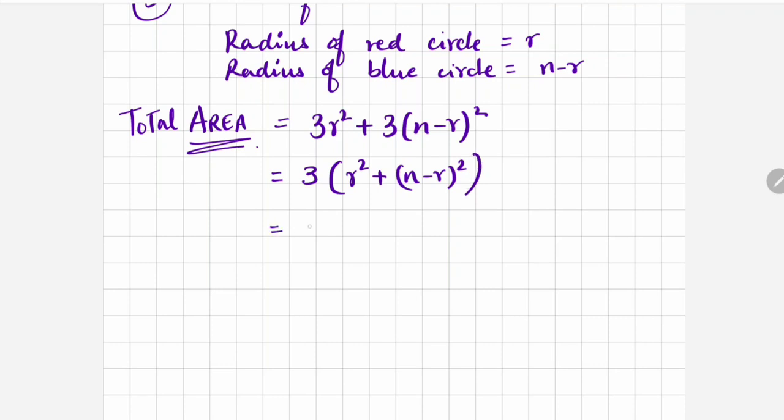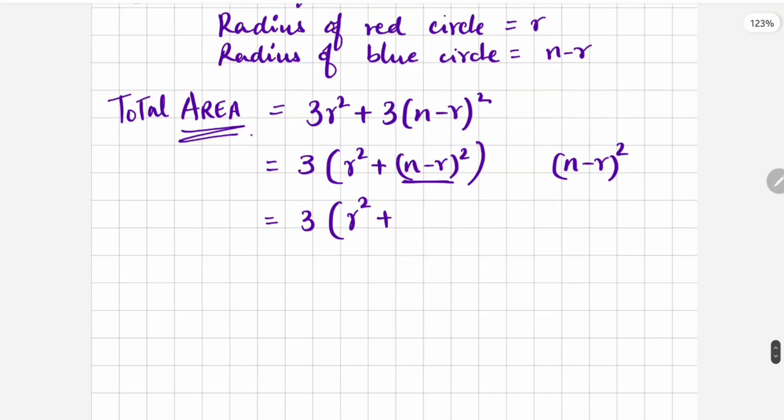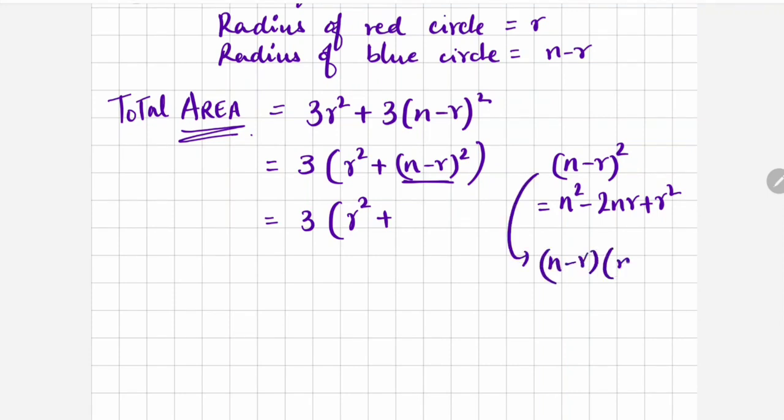Yep. So now we just need to expand. When you expand this, (n minus r) whole square, if you know the identity, it will make n square minus 2nr plus r square, amazing. If you don't know that identity, you can still do the expansion. n times n is n square, n times minus r is minus nr, minus nr plus r square.